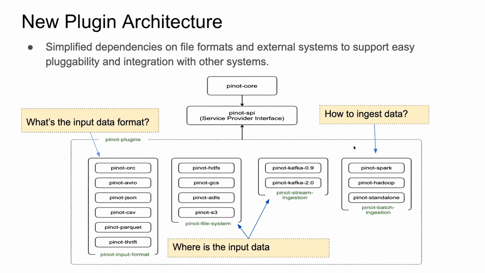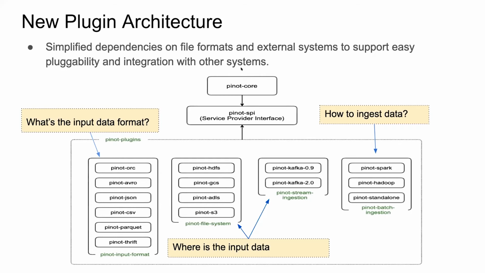Another key thing that was introduced in Pinot 0.3 was the new plugin architecture. The main goal here was to simplify the dependency structure that a couple of modules had in Pinot. Over the last couple of years, due to rapid development, and as the open source community grew and we integrated with a lot more systems, the dependency structure became complex, especially with respect to the different kinds of file formats that we support and external systems like AWS S3.